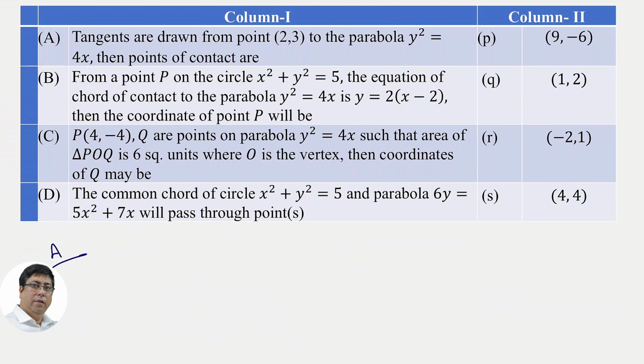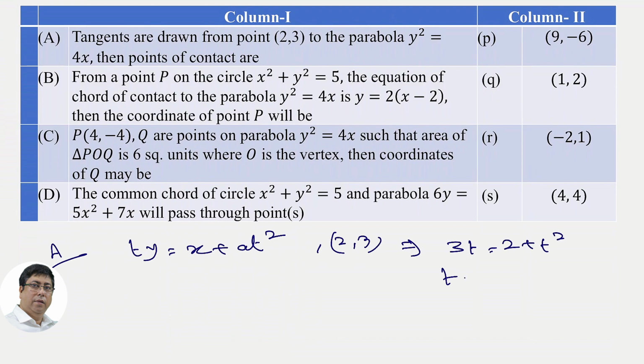So tangent to the parabola ty equal to x plus at square, which we know. It passes through the point 2, 3. Then we can write 3t equal to 2 plus t square, and if we solve, we are getting t equal to 1 or 2.